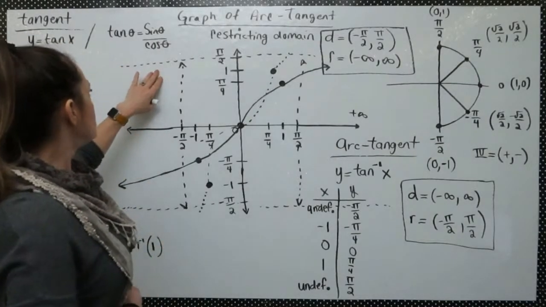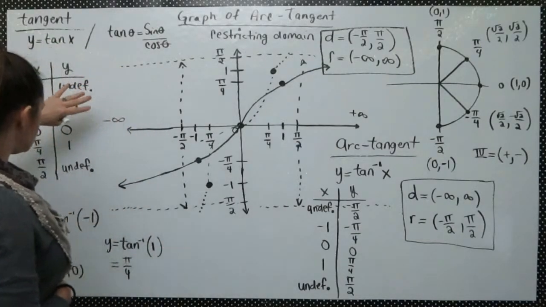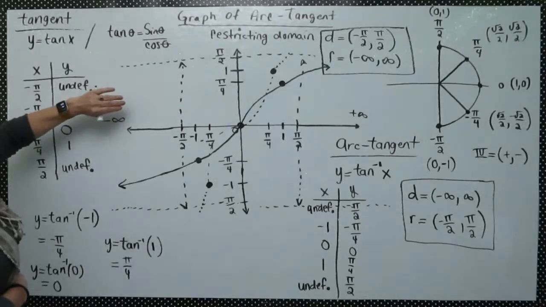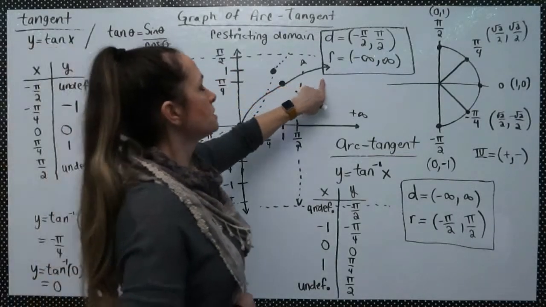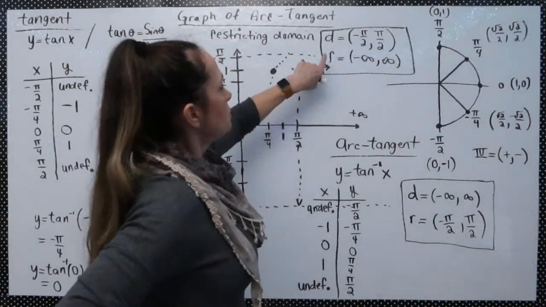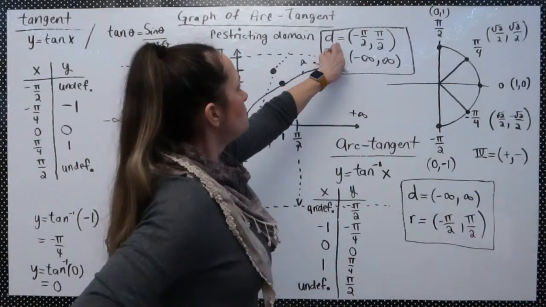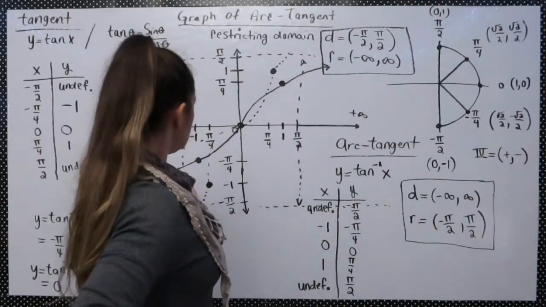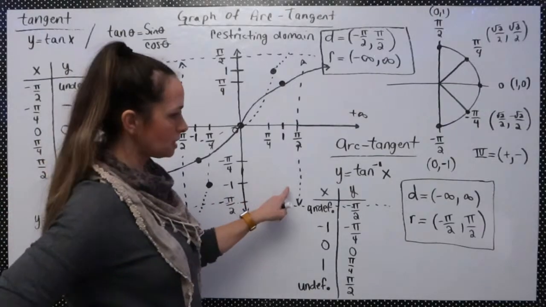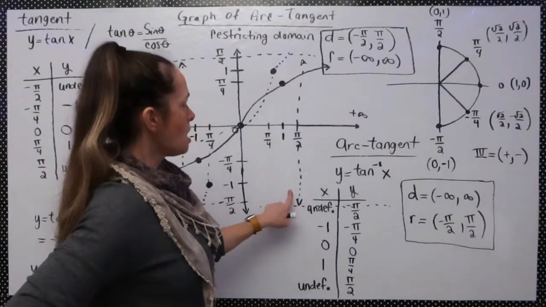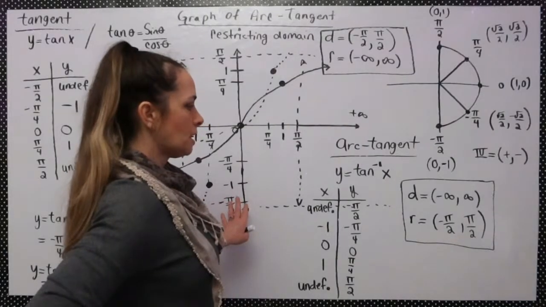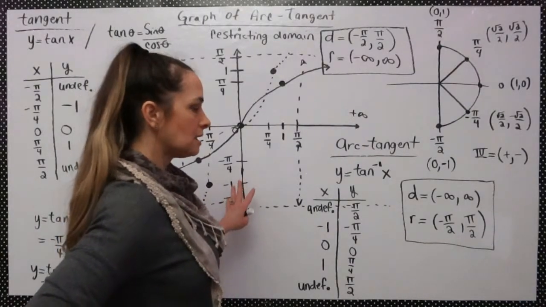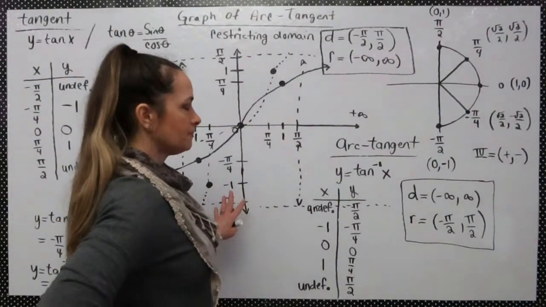Because while the domain and the range of this original function here, did I erase the domain and range? Here it is, I boxed it. You notice that we had to restrict the domain between this asymptote and this one. We had to do that to make it a one-to-one function so that we could find the inverse of it.